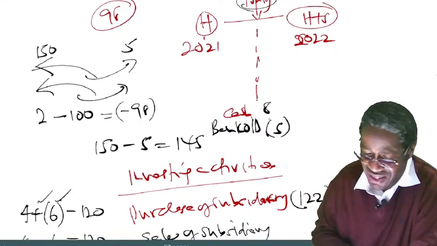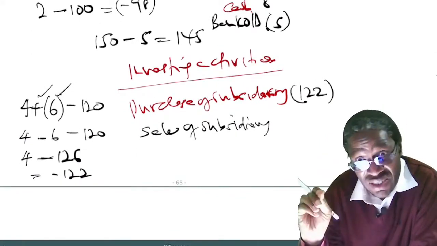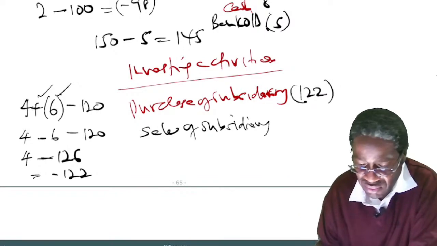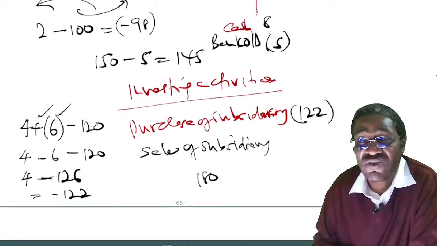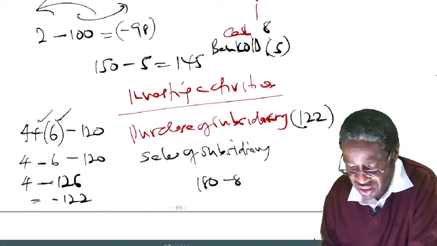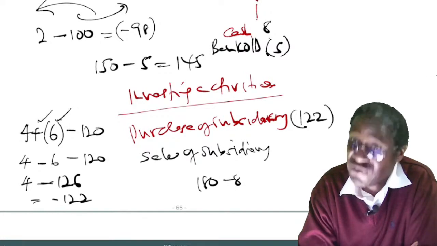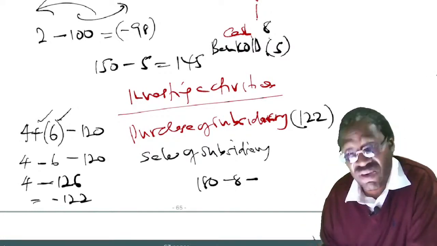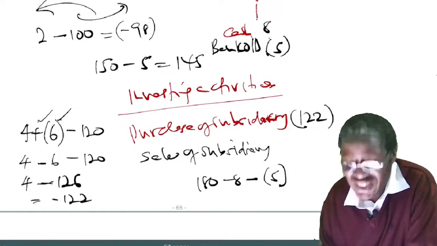Okay, let's see. We are selling. Take what came in, 180. Minus what left, 8, the cash that left. Then you also minus whatever else left. This time it's an overdraft, it's a negative.